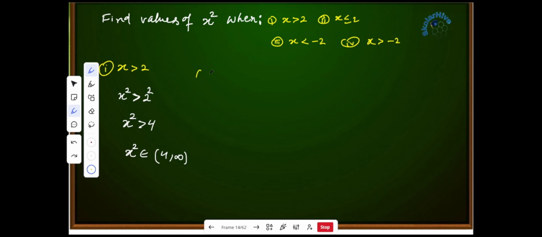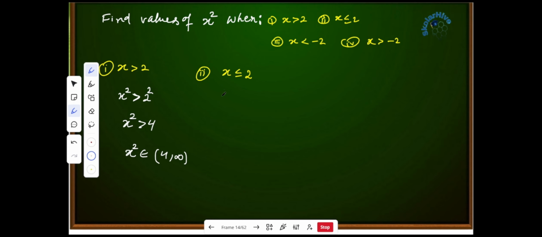Now let's take the second part. We have given x less than or equal to 2. So the value of x less than or equal to 2 means it will either be positive or it might be negative. So let's break this into the positive values of x as well as the negative values of x.